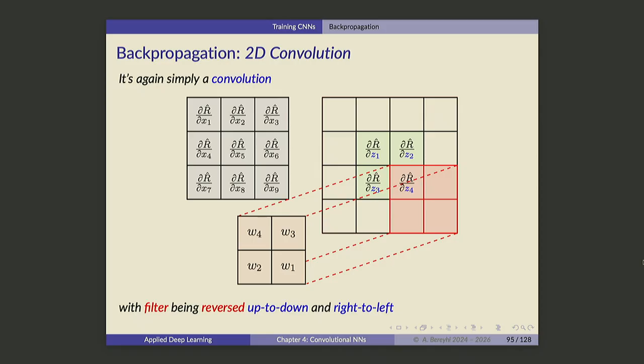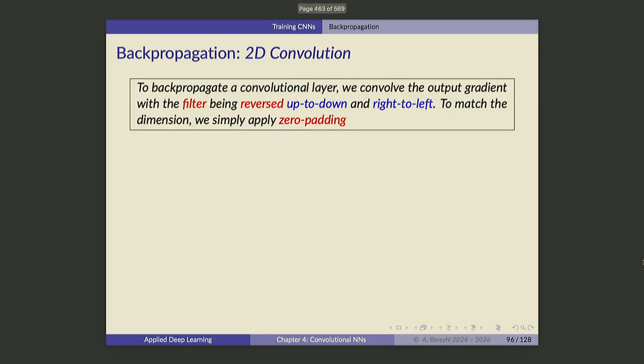No question? Okay. So, moral of the story here: if you want to backpropagate over a convolutional layer or a convolution operation, you basically do again a convolution of your flipped filter with the output, and then you're going to get the gradient at the input. Exactly the dual operation of your convolution.